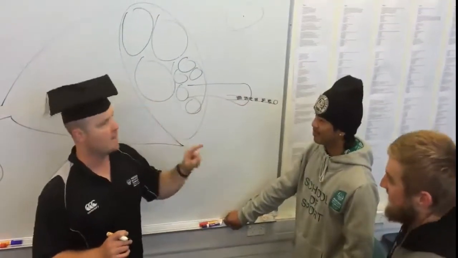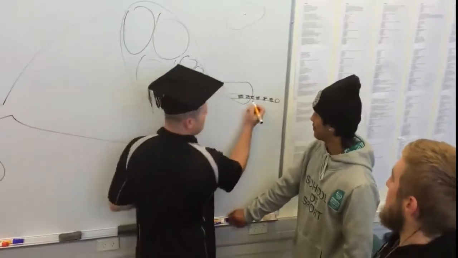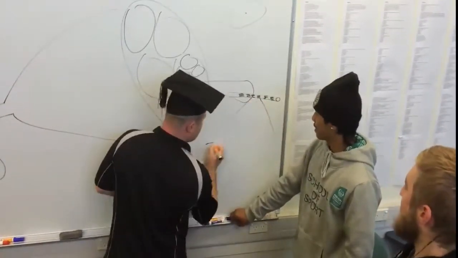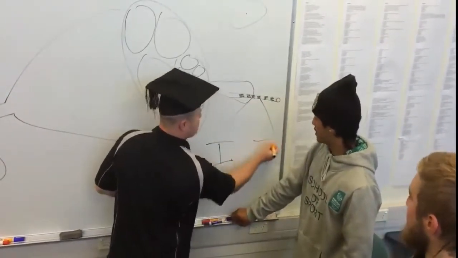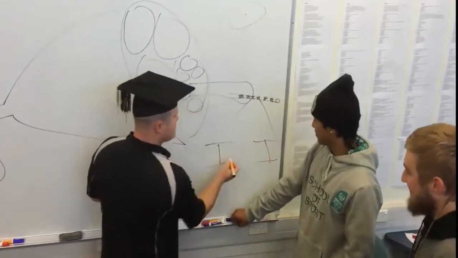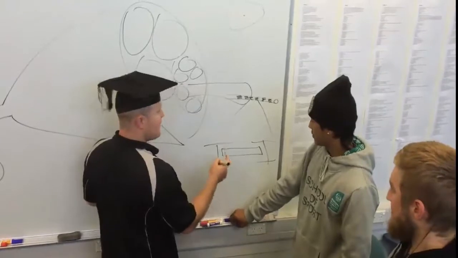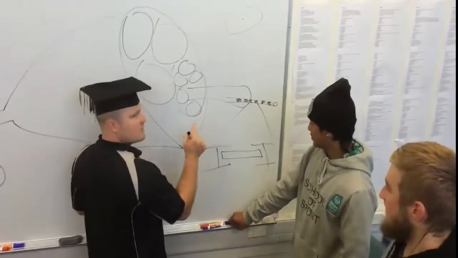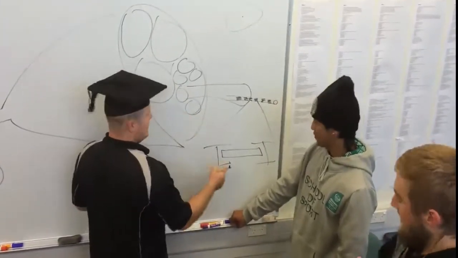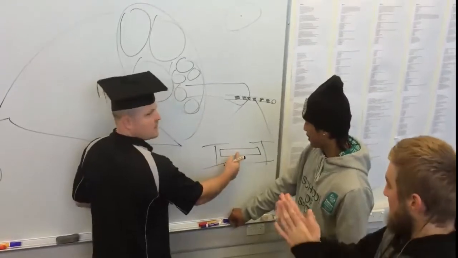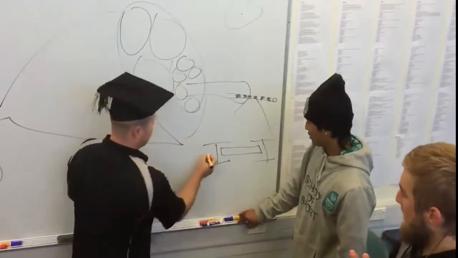Fibril, little fiber. A myofibril is made of many myofilaments, and we have two proteins which are our myofilaments, and they are actin, which is thin and light, and myosin, which is thick and dark.